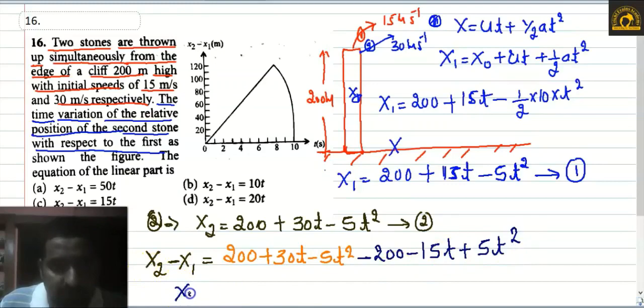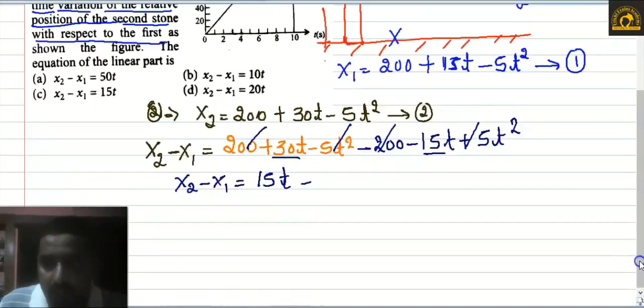The 5t square terms cancel, and 30t minus 15t gives 15t as the answer.